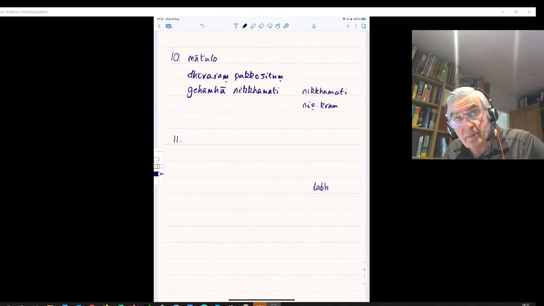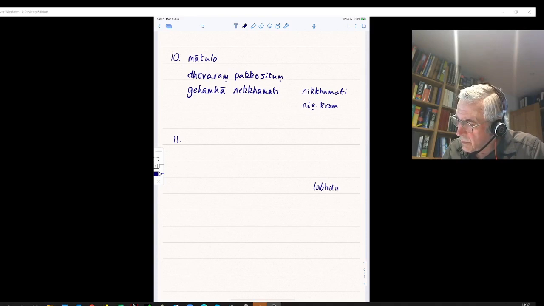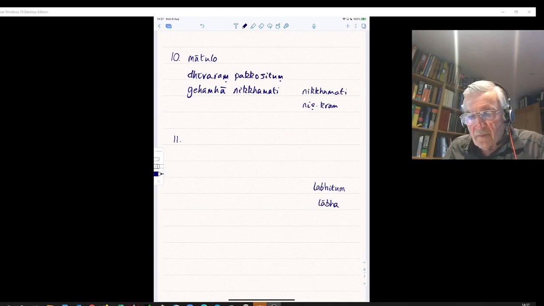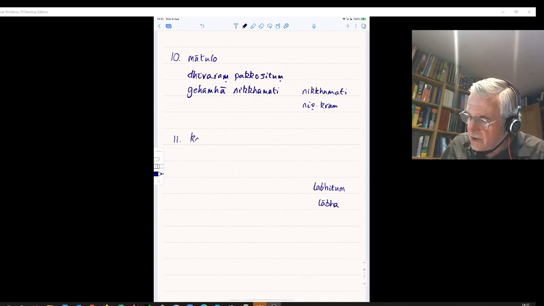To get or to obtain is labhitum. And from there we get words like labha, getting, which often means gain or profit. So labhitum. The farmers want to get oxen. So it's kassaka gune labhitum ichanti.